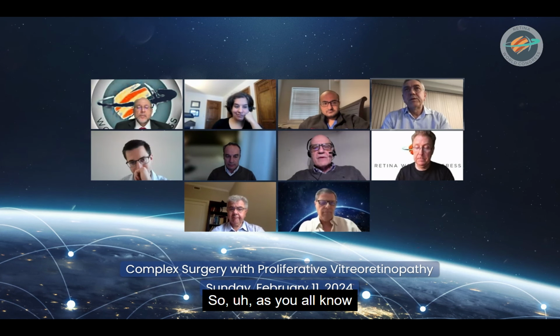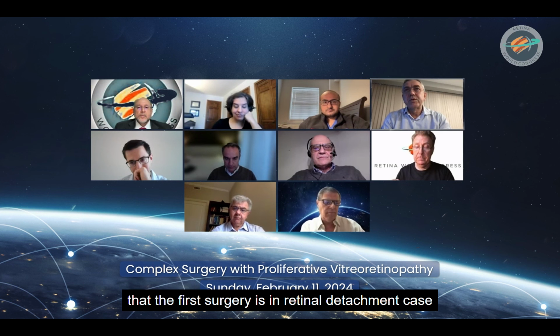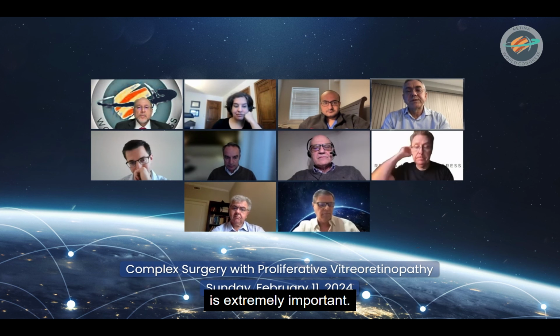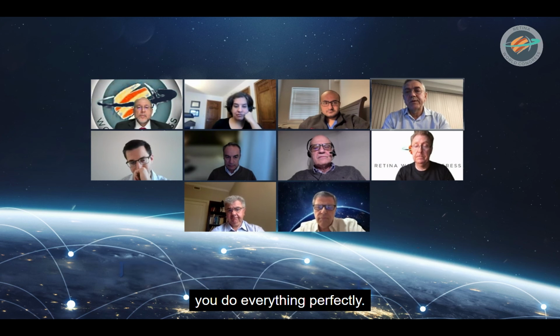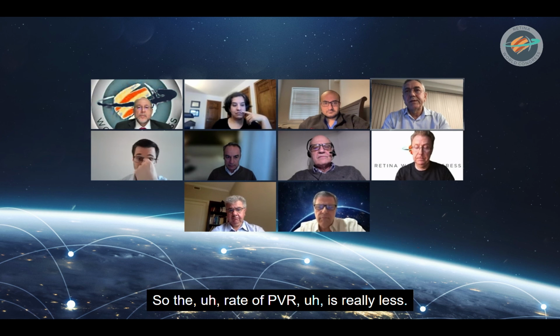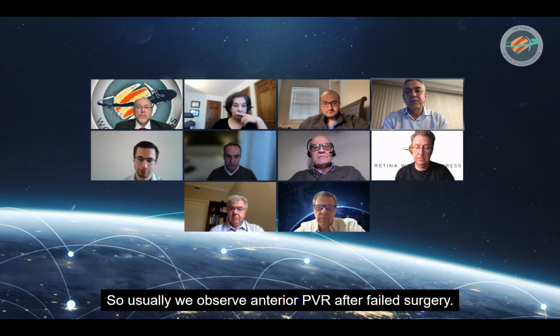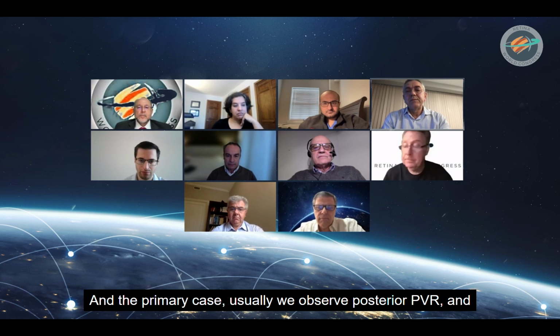As you all know, the first surgery in a retinal detachment case is extremely important. If you do a good surgery, if you clean all the vitreous space, if you do everything perfectly, the rate of PVR is really less. So usually we observe anterior PVR after failed surgery, and in the primary case, usually we observe posterior PVR.